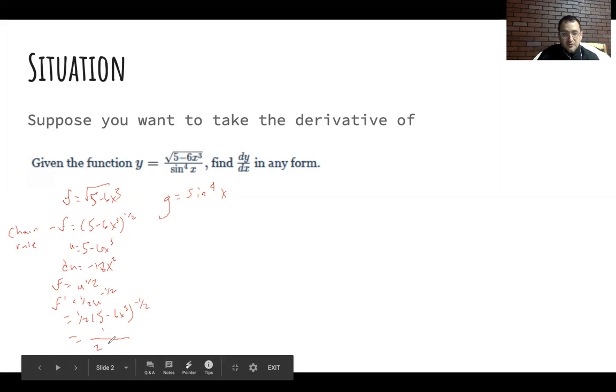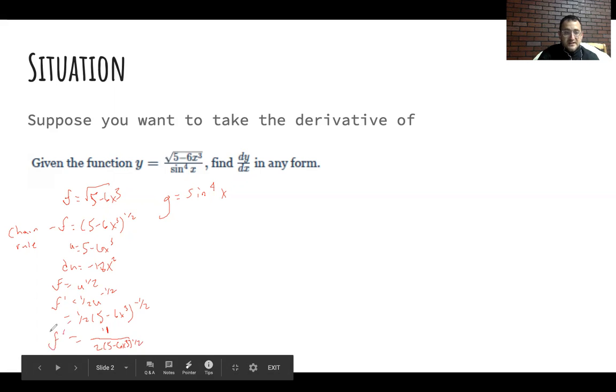So remember that this goes into the denominator. 1 goes in the numerator. So that's our f prime.